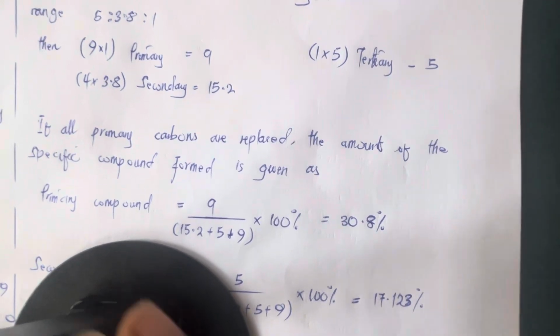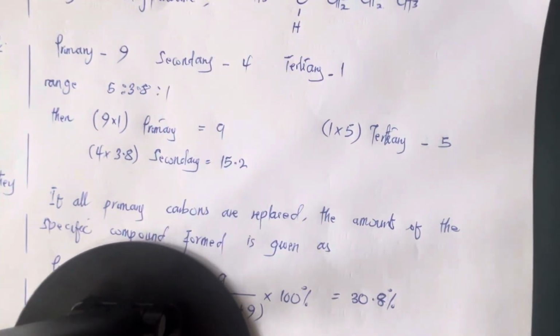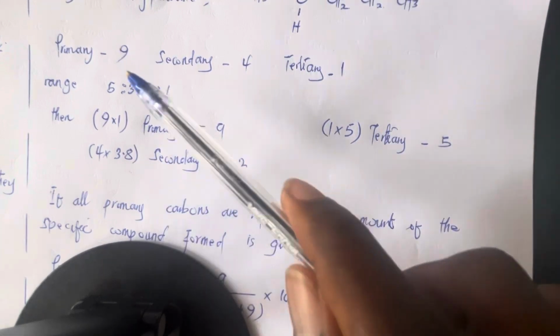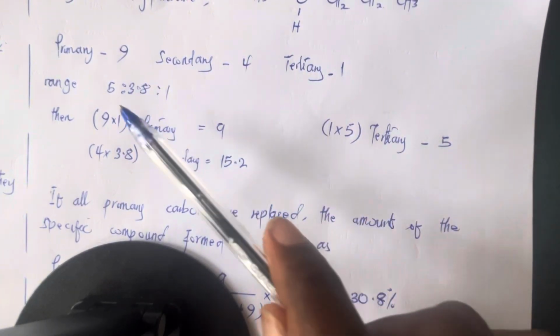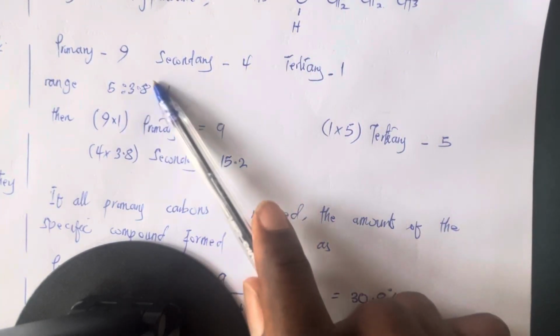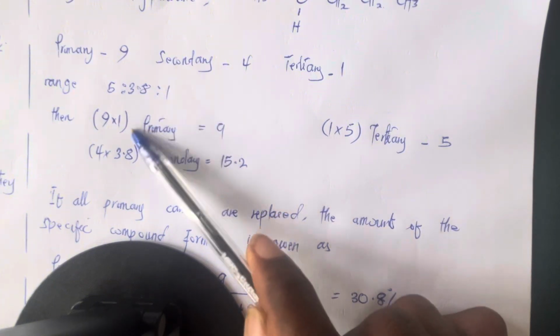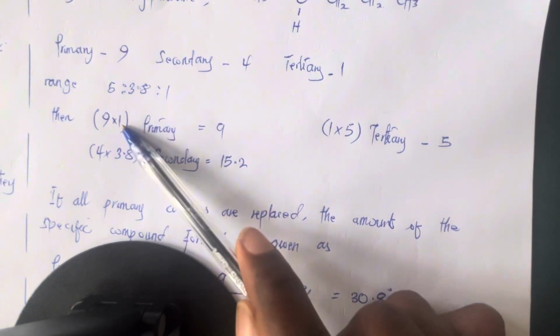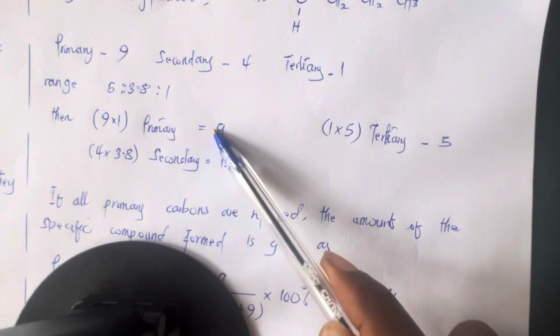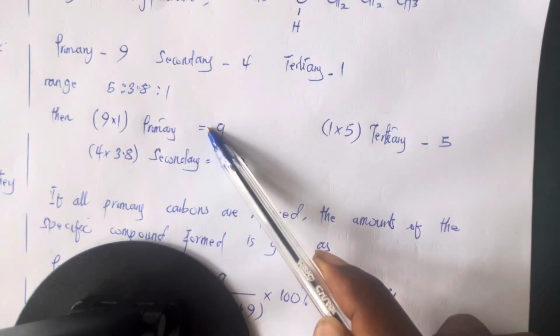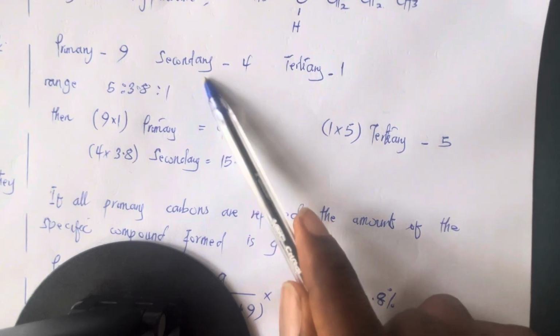So now, here you see the range that I gave you. This is the range: tertiary hydrogen, secondary hydrogen, and primary hydrogen. So there are 9 primary hydrogens, so 9 times the rate, so 9 times 1, which will give you 9. Then the secondary hydrogen is 4.